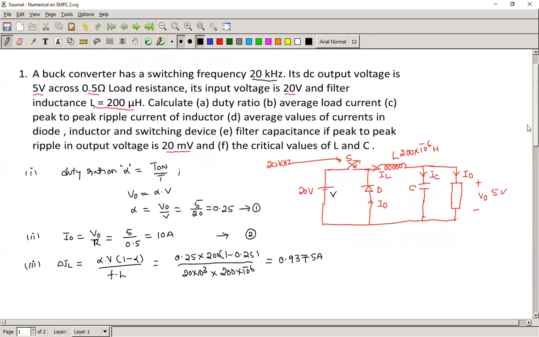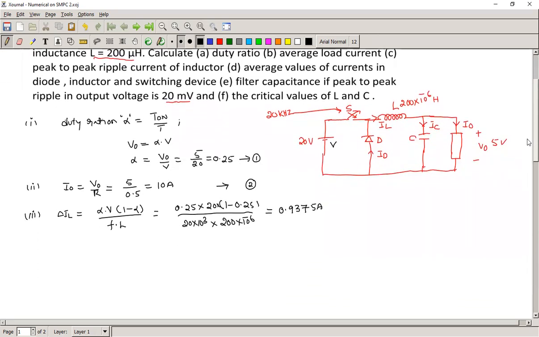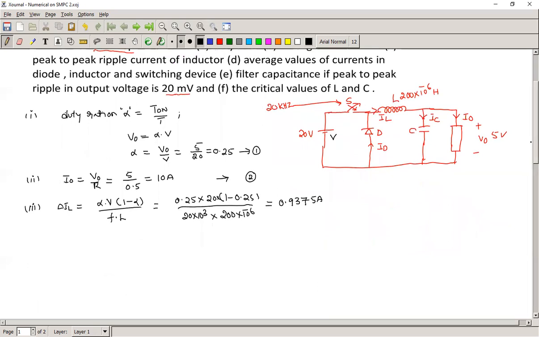Now we are going to find the average value of current in the diode, inductor, and switching device. If the switch is on, I am going to draw the waveform of the inductor current. This is the on time of the switch, T on. This is the off time. When the switch is on, the current passes from the input voltage through the switch and load, and returns to the source.